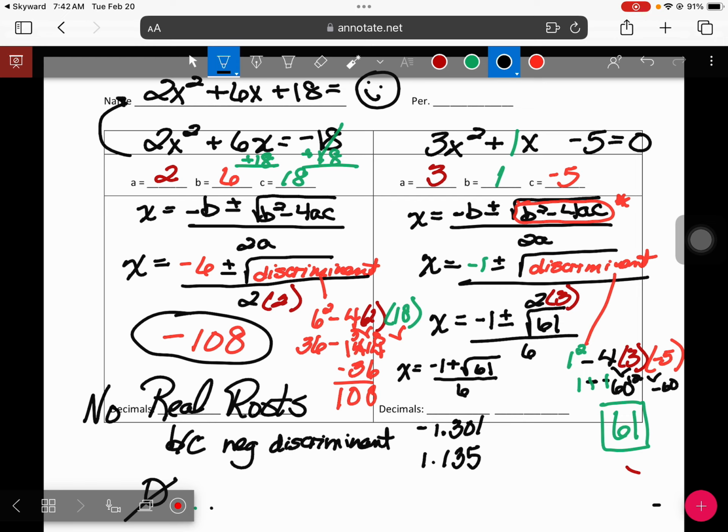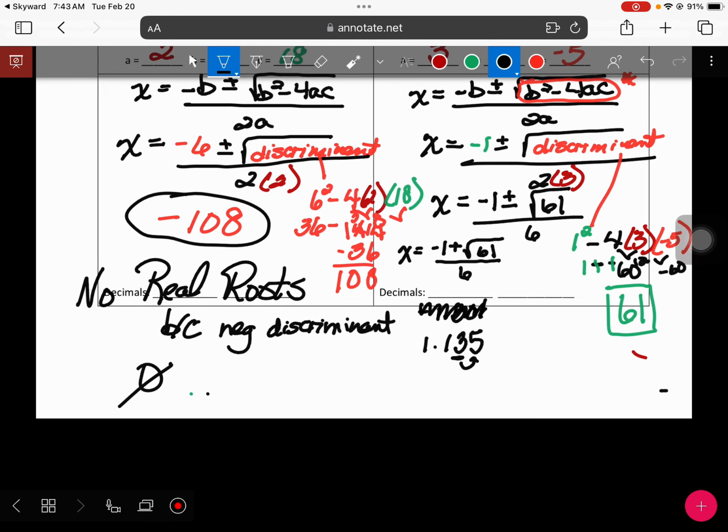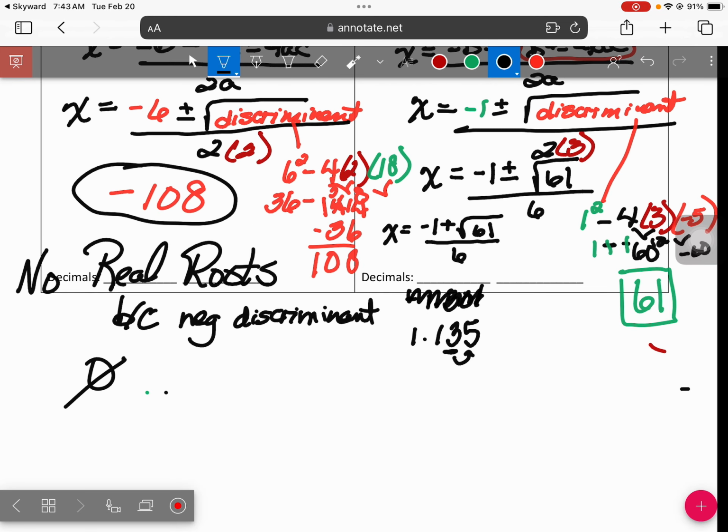Everybody else get 1.135? A couple of other people? Okay. So if I say round to the hundredths place, that's 2 decimals. Look next door, 5 or more. What's going to happen to that 3? It's going to go up, right? 1.14. X equals 1.14. That's the first root.